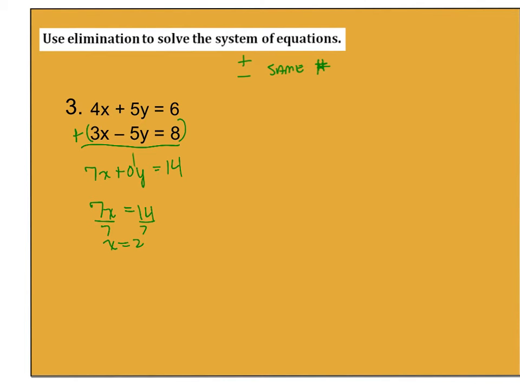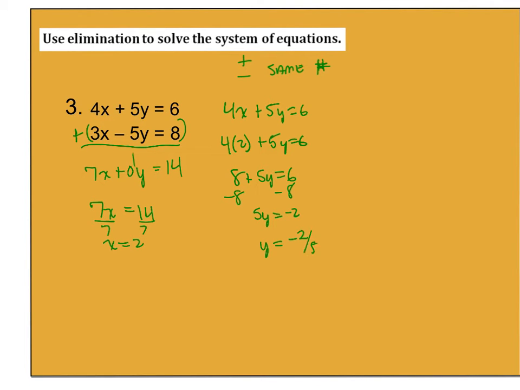So now that x equals 2, now I can substitute this in either one, doesn't really matter. So if I go 4x plus 5y equals 6, I know that x is really 2. So 5y equals negative 2, so I get y to be negative 2/5.